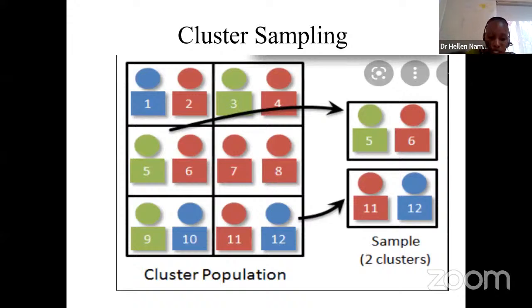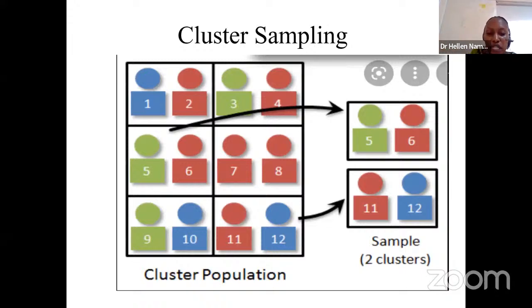I have a big one, the cluster population. It has got 6 clusters. But then for me to get a sample, I can pick any of the clusters randomly. And in this particular case, with the illustration that I'm showing you, I've picked only 2 clusters. So by the end of the day, we're going to see that there are 2 possibilities.